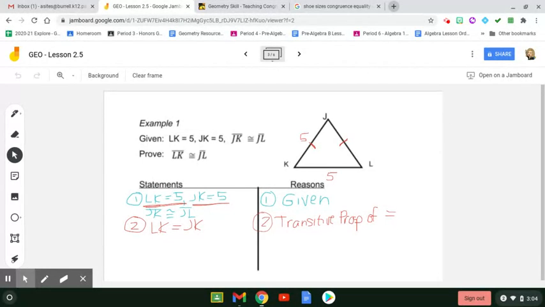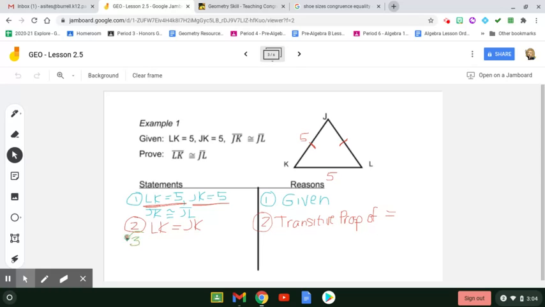Okay, so then the next thing that I'm going to do, since eventually I want to end up with some sort of statement that's talking about congruence, I need to somehow think of a way to go from equality to congruence. Well, that definition that we talked about, we're going to use a ton.